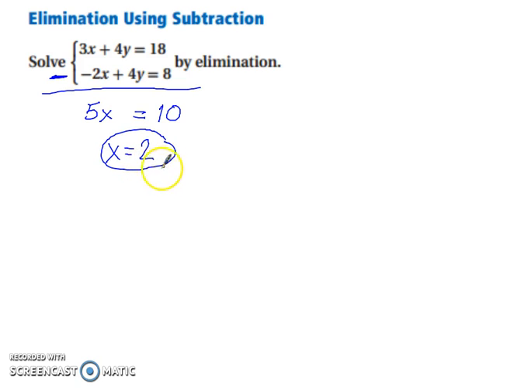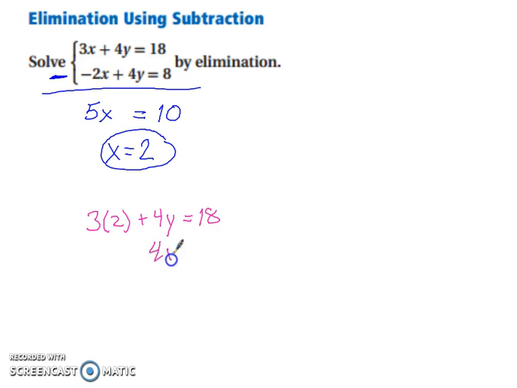Alright, now we need to substitute our x value back into one of our original equations and solve for the other variable. So we have 3 times 2 plus 4y equals 18. Subtract 6 from both sides.